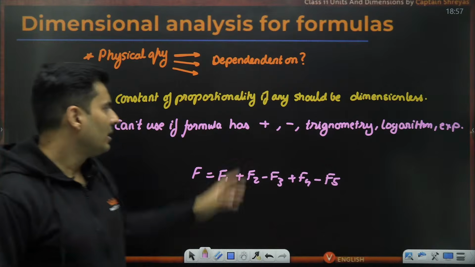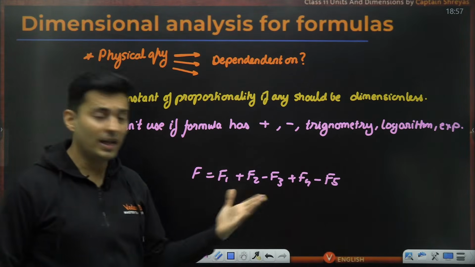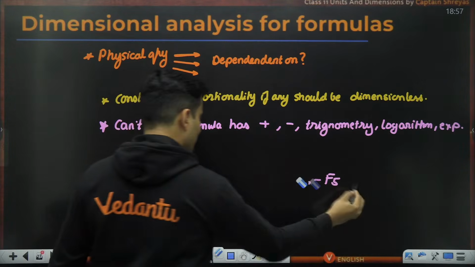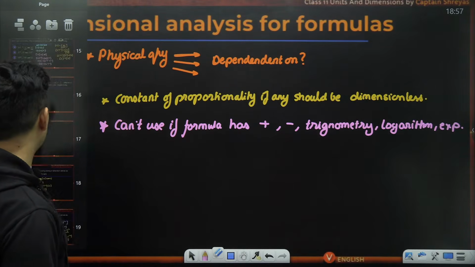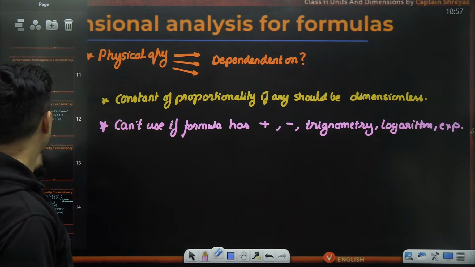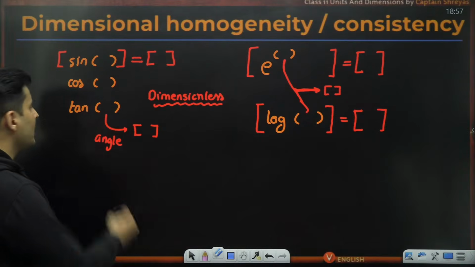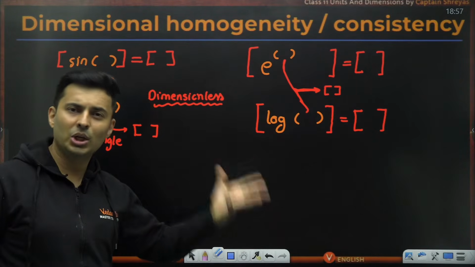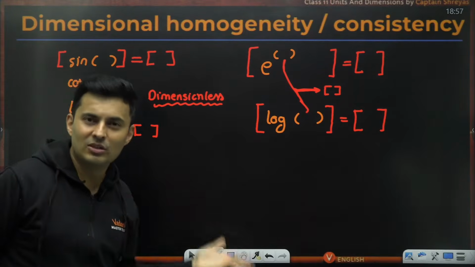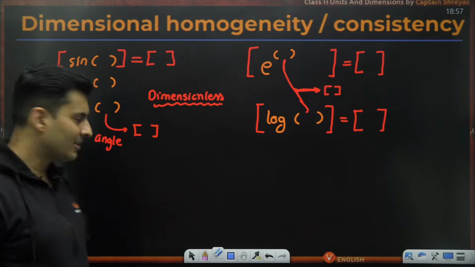Not possible. Trigonometry, logarithm, they don't have dimensions. We just saw some time back that trigonometric functions, logarithmic functions, etc., do not have any kind of dimensions. They are dimensionless. So we can't use the method of dimensions on something which does not possess dimensions.